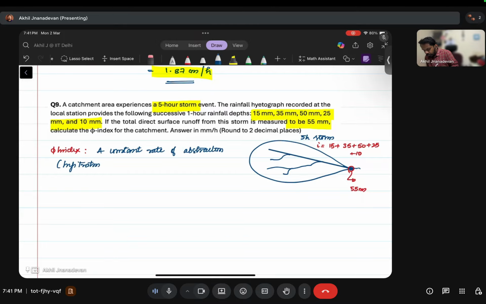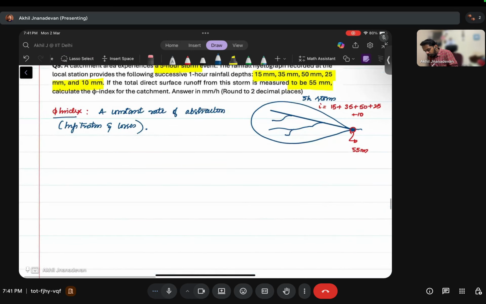Runoff occurs during the time intervals when rainfall intensity is strictly greater than the phi index. So the constant rate of abstraction is defined as the phi index. There's a rate of extraction that is happening at a constant, particular value, and that is defined as the phi index.